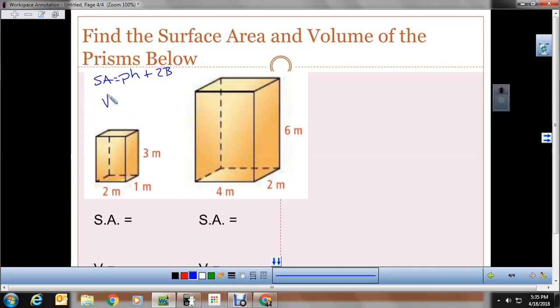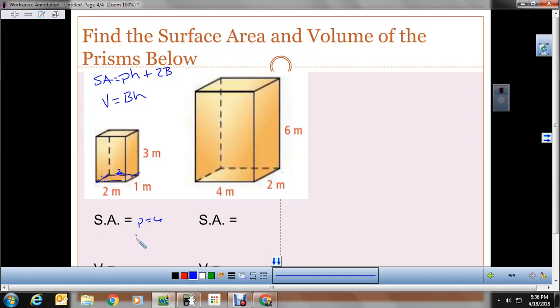The volume formula is area of the base times the height. So in this problem, we find a perimeter. We have 1, 2, 1, 2, which gives us 4 plus 2 is 6. So the perimeter is equal to 6.